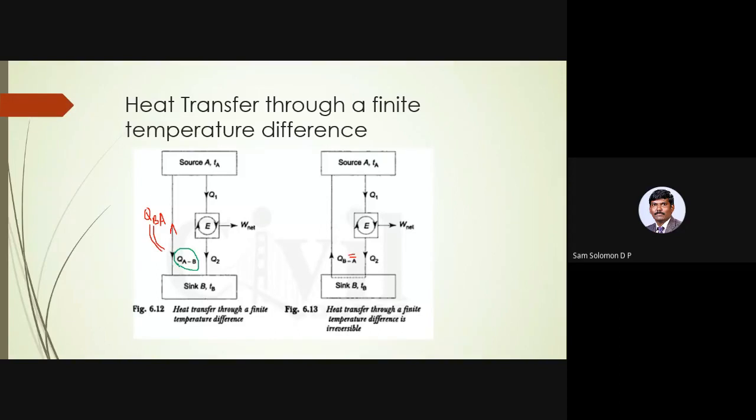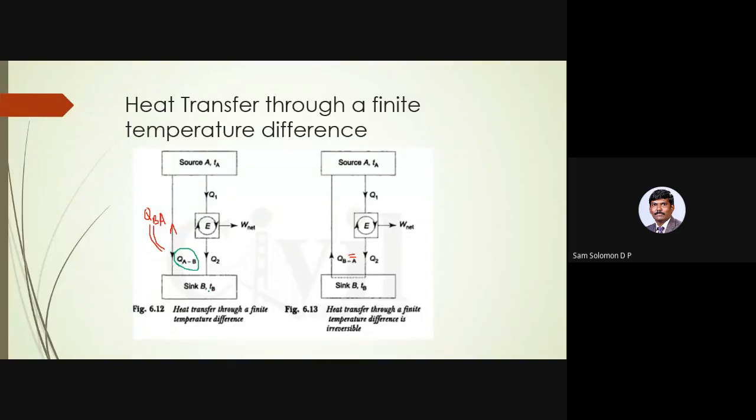Because it is path dependent, it is moving from A to B, so we call it QAB. That is point number one. Point number two, between the same temperature limits TA and TB, I have a reversible heat engine which receives Q1 amount of heat from TA and rejects Q2 amount of heat to TB.